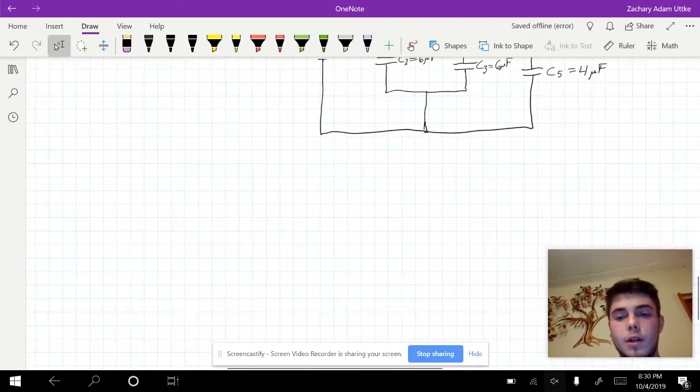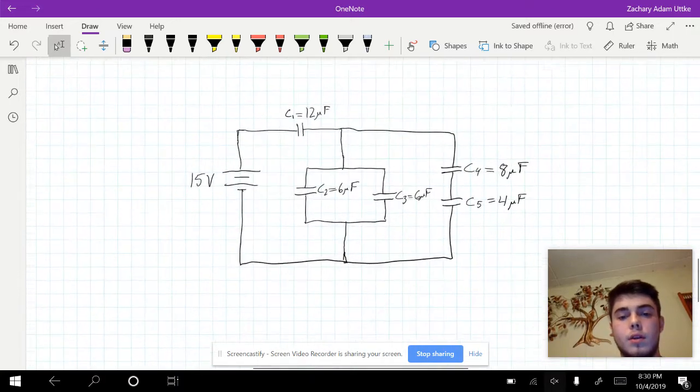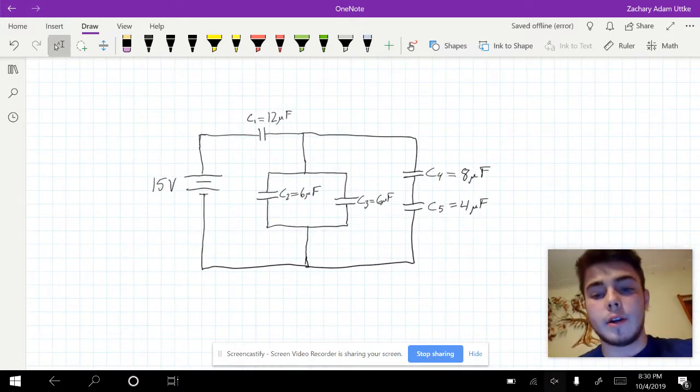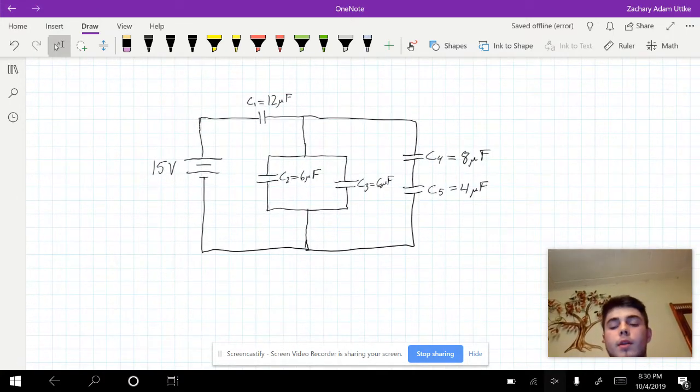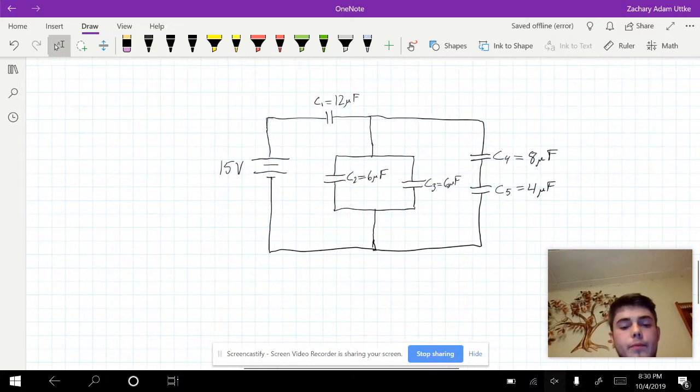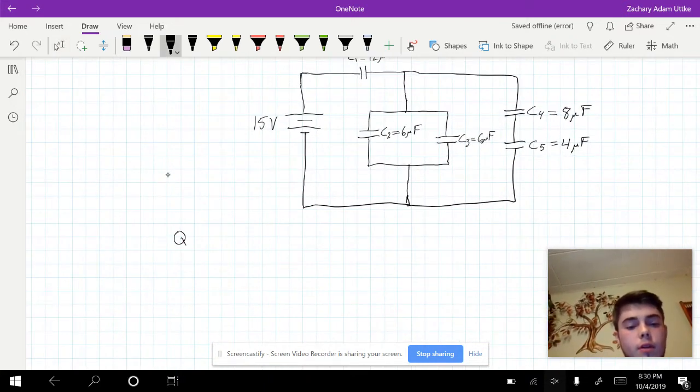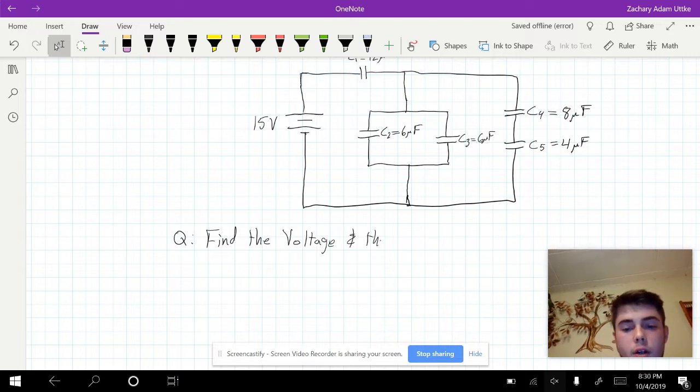So here's our main circuit right here. And to start solving this problem, let's look at a question. So if our question asks, find the voltage and the charge at each capacitor.